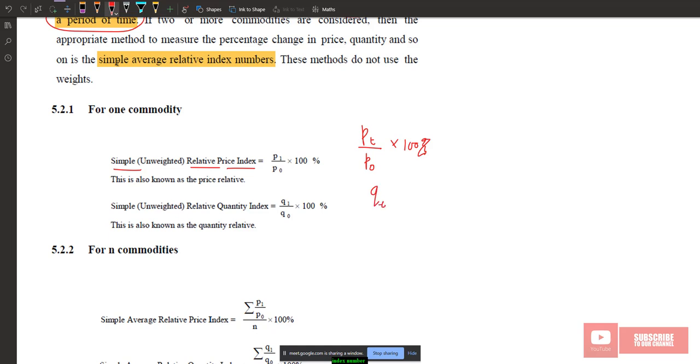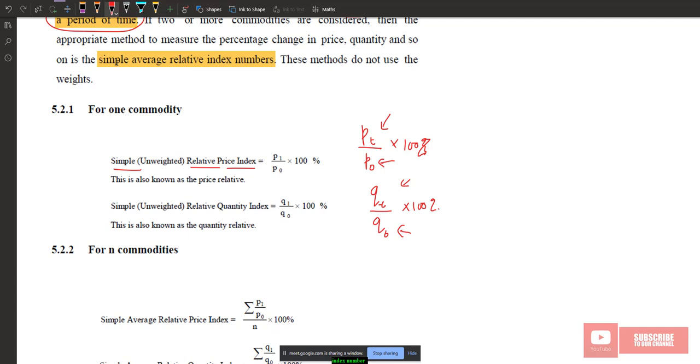For simple relative quantity index number, it is Q_t divided by Q naught multiplied by 100%. Q_t is the quantity for current period, Q naught is quantity in base period, P_t is the price of the current period, and P naught is the price for base period. So this is a simple relative index number.